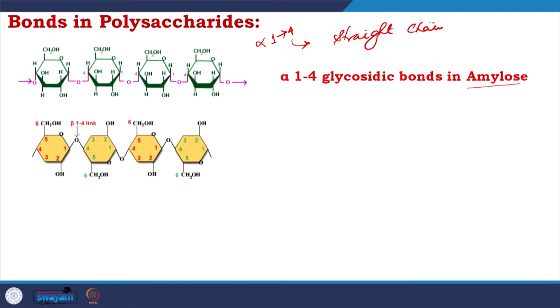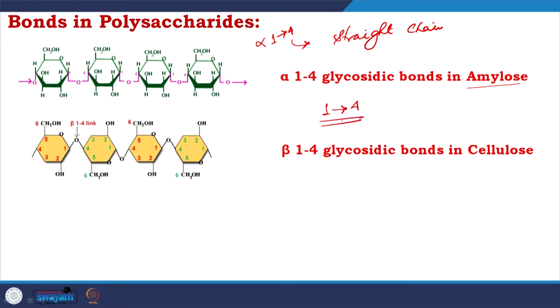Now, look at another glycosidic bond, present in cellulose, which is a beta 1 4 glycosidic bond. As I told, once you see 1 to 4, they would be forming a straight chain, be it an alpha bond or a beta glycosidic linkage.